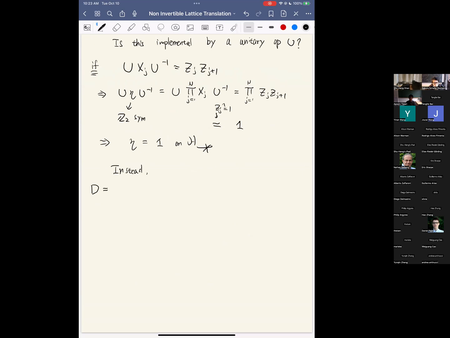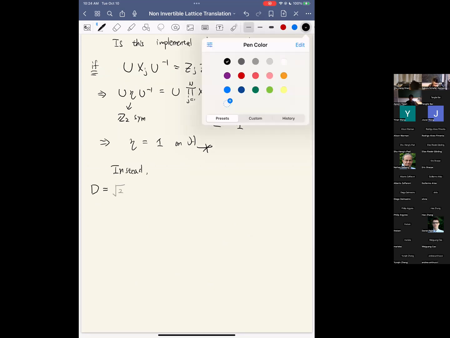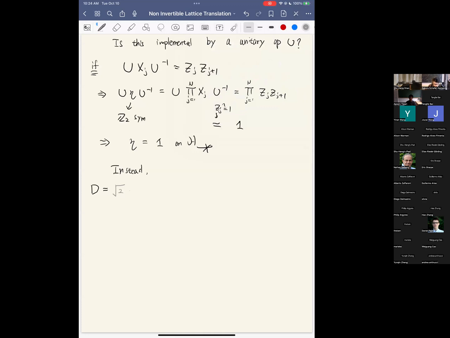There are several factors. First, I'm going to put in a square root 2. Actually, this square root 2 is somewhat conventional, and because of that, I'm going to write it in a very light gray color so that you will probably neglect it. There's another factor which is not terribly important. It's a phase, which I also write in gray, meaning don't worry about it too much.